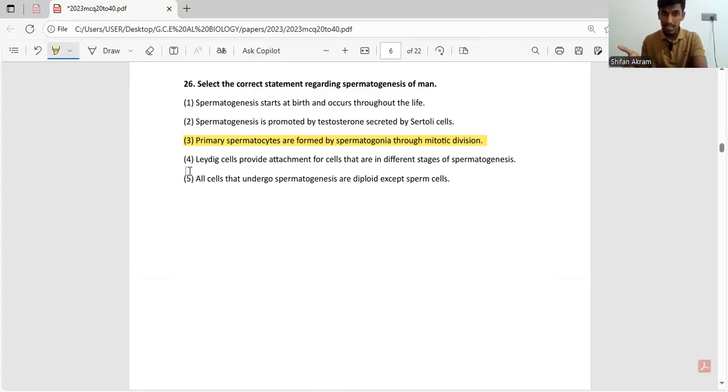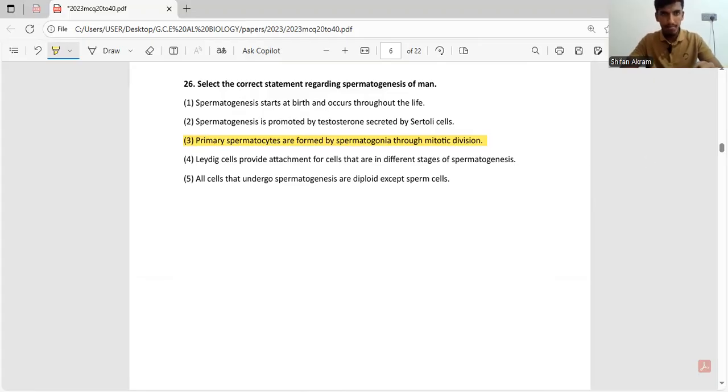Then the sperm cells have a haploid number of chromosomes. But here they are saying only sperm cells have a haploid number of chromosomes. So this statement is wrong, right? Remember, sperm cells, secondary spermatocytes, and spermatids are not diploid, they are haploid.